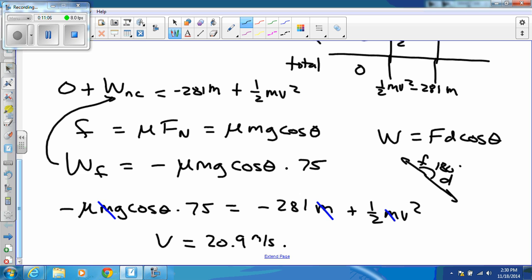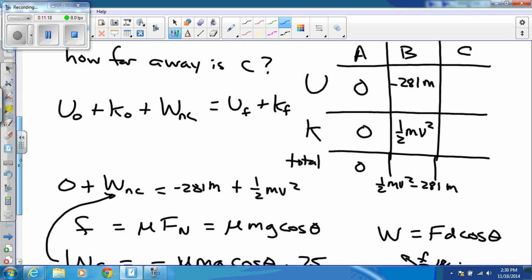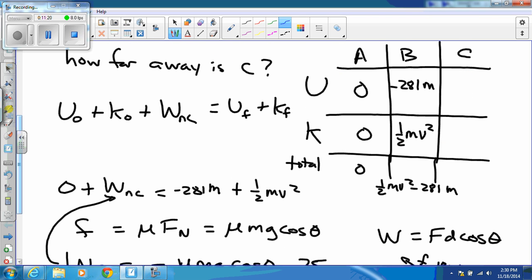Well, in part B, they ask about how far she slides this distance right here. Call this distance d. And so we're going to do energy accounting again. When we do the energy accounting again, she is at the bottom, so negative 281 m.